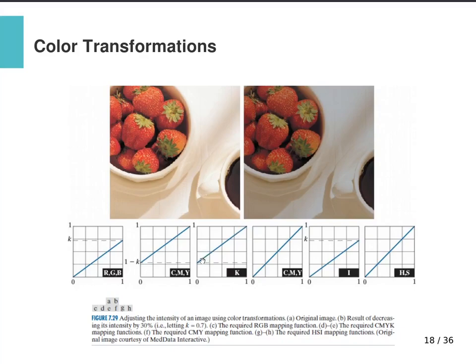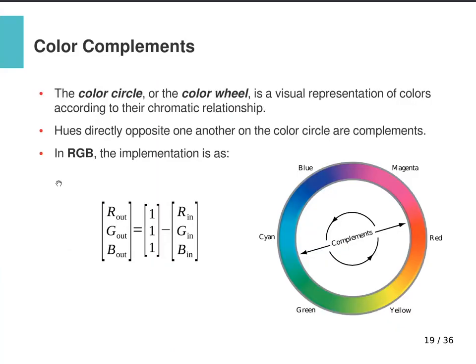So you modify the K while CMY stays the same. And if you're working in the HSI color model, H and S stay the same while you apply the coefficient k to the intensity component.